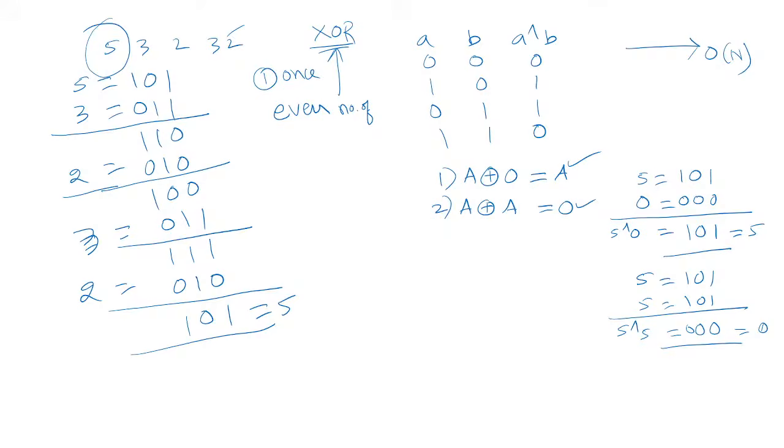Remember, if such a question is asked in an examination, you can write the code using the XOR operation. The advantage is you are traversing the entire array only once, so the time complexity is order of n, and it is not consuming any extra space. That means the space complexity is order of 1, constant. So this is the best solution for this problem.